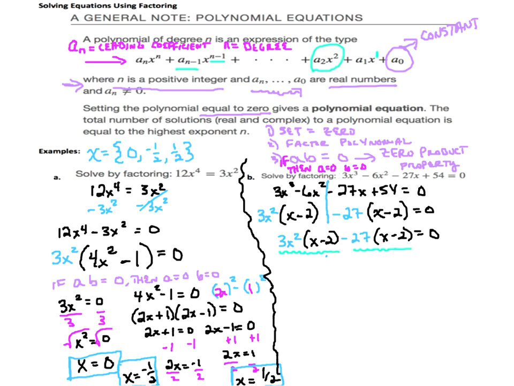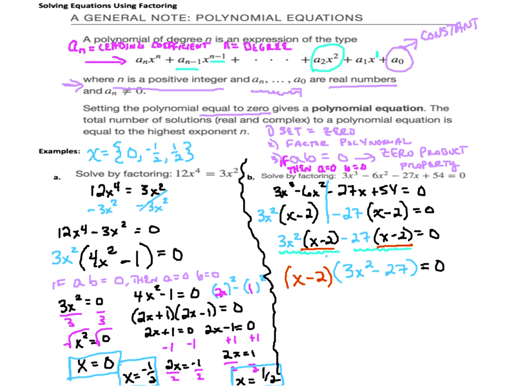So there is a common factor between both of these terms, and that common factor is x minus 2. That becomes my new GCF of my big binomial. So I pull that common factor out front, and when I divide that common factor out of each of the terms, I'm left with 3x squared minus 27 equals 0.